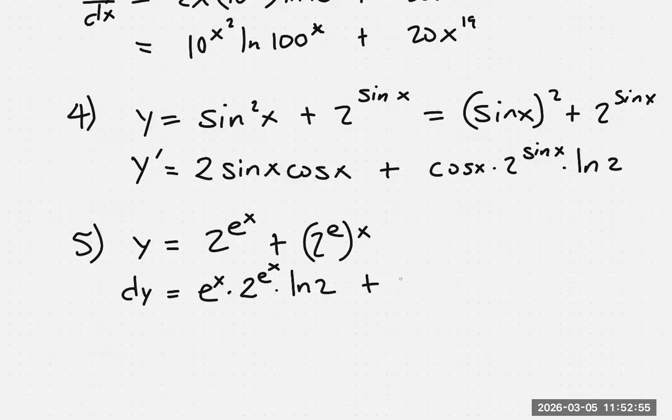X in front? No, that's incorrect. Don't put anything here, sir. Erase that. So x times 2e in brackets raised to the x, ln 2.